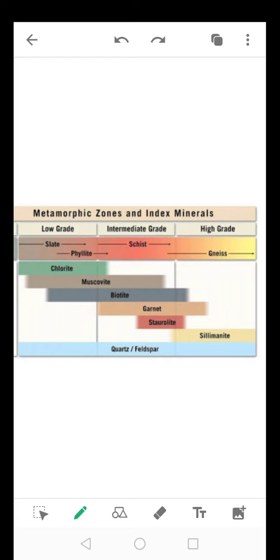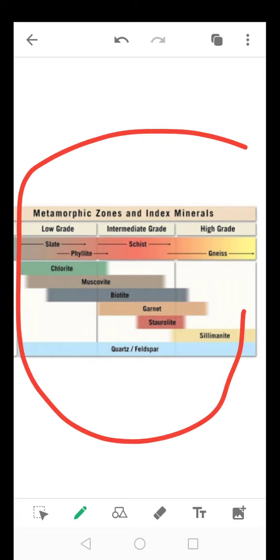For instance, in the diagram displayed here, the rocks are slate, phyllite, schist, and gneiss. The likely parent rock of these metamorphic rocks is shale, or even mudstone. Like I said, basalt and shale won't form the same metamorphic rocks.